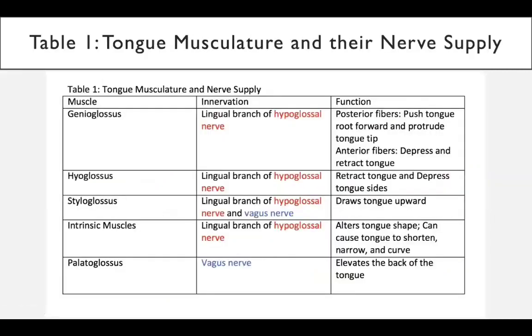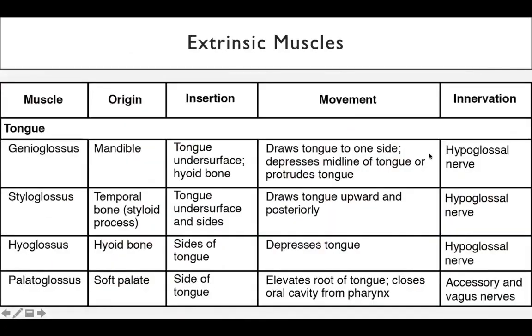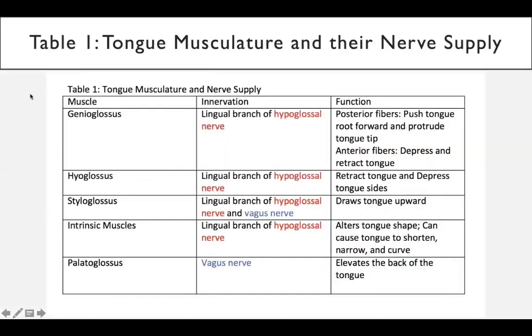Okay, now this is again a revision, but let's go quickly. The genio, hyo, stylo are supplied by the hypoglossal nerve. See, it's different, it's in red. Do not get confused. Hypoglossal, hypoglossal, hypoglossal. So genio, hyo, stylo, hypoglossal. Who is the exception? The one at the palate, at the superior and at the top. He thinks himself something else.